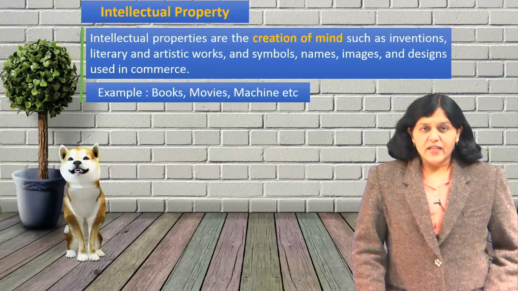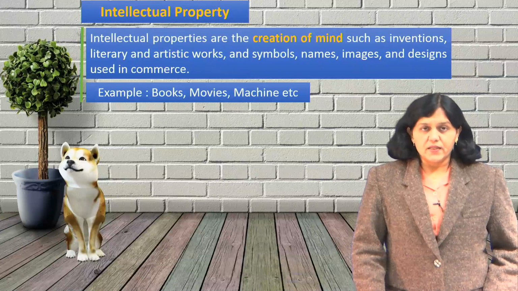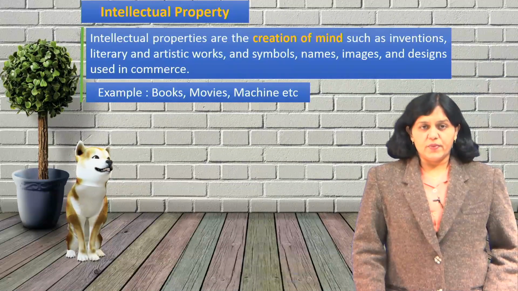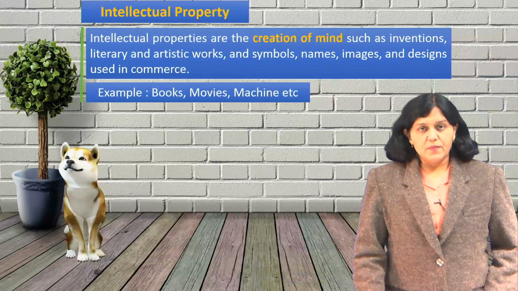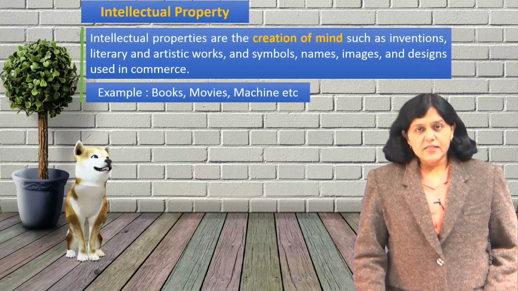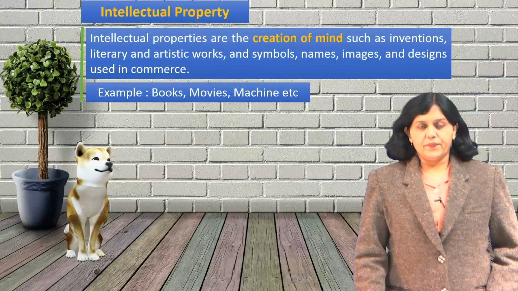When we say invention, as just mentioned above, it is a patent, a type of intellectual property. When we say literary or artistic work, it is copyright, a type of intellectual property. When we say symbols, names, images, it is industrial design, again a type of intellectual property.